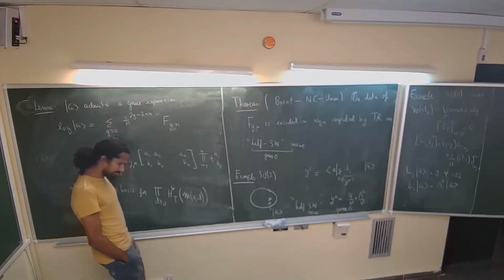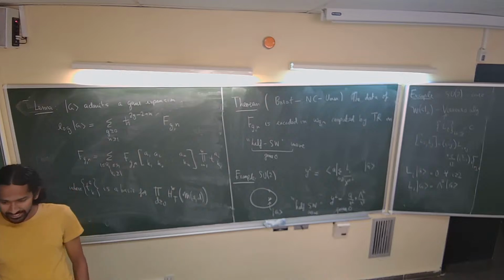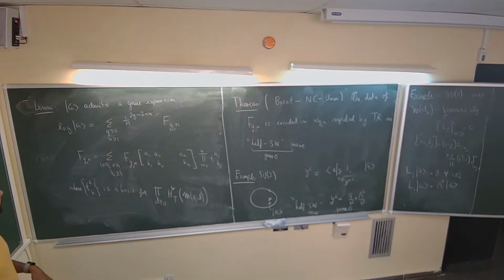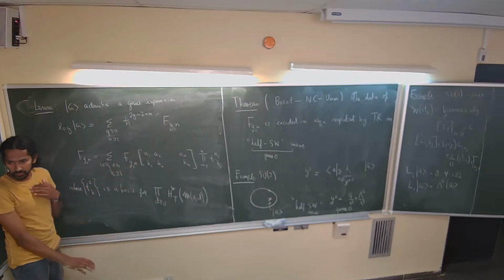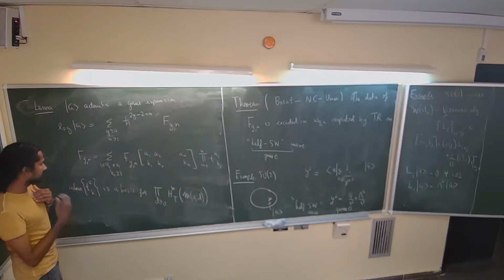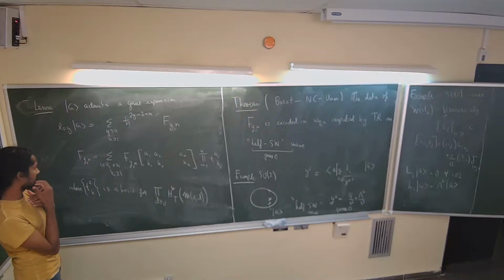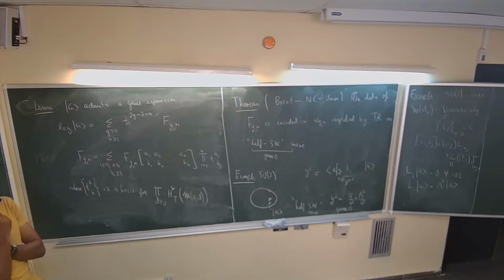Another question, maybe simpler for you. I'm puzzled by the formula with F_g^n, because you have F_g^n there, and then inside the sum you have F_g^n again.